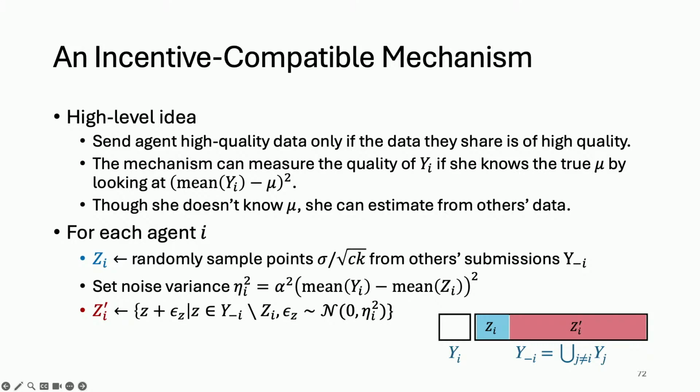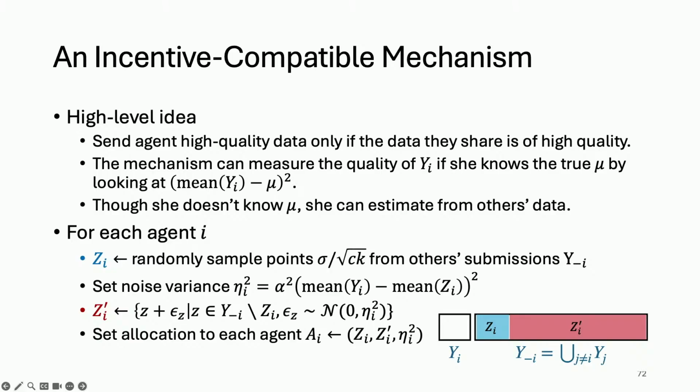And then for the remaining data points submitted by other people, they just add noise to this data. The noise is sampled from the Gaussian distribution with the noise variance here. And then the mechanism will send the data, this z_i, which is not corrupted, and the z_i prime, which is corrupted by adding noise at this level, and they just send this data to the agent.